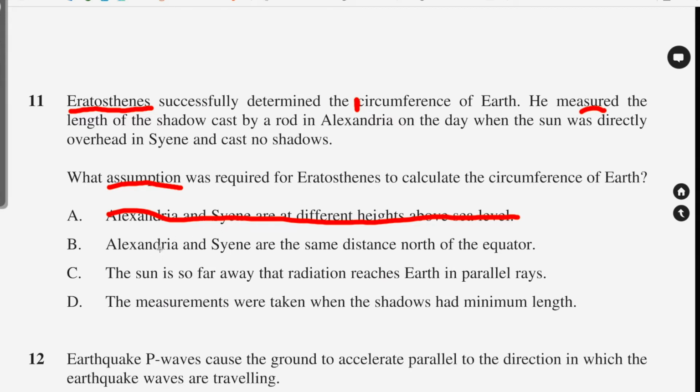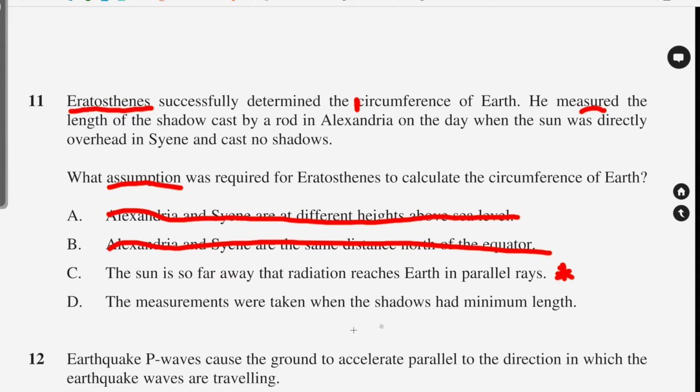One of the things you probably can remember is that Africa is close to the equator, but it's not north, so we can get rid of that. C: the sun so far away that radiation reaches the Earth in parallel rays. Now, that's kind of it. That sounds good.